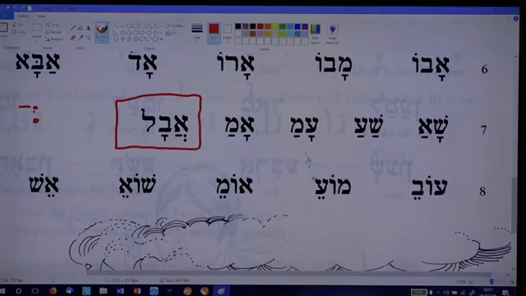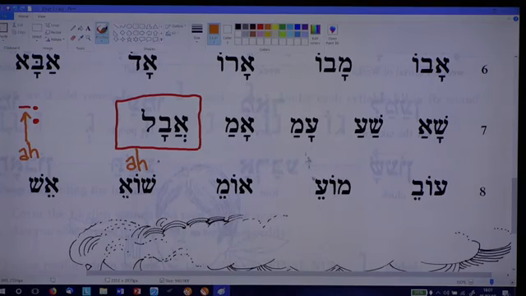It is pronounced, I won't use that color. Let's use orange. Ah. Even though somehow you got to twist your tongue to pronounce ah, no, it's just an ah. So this word is actually ah.